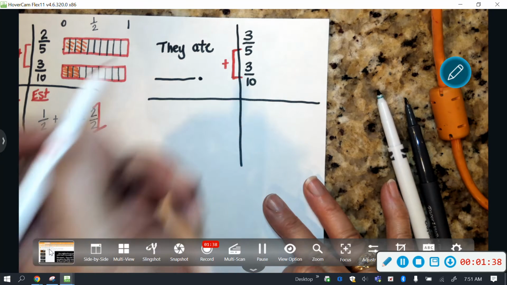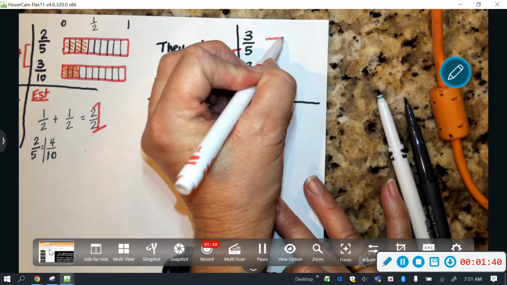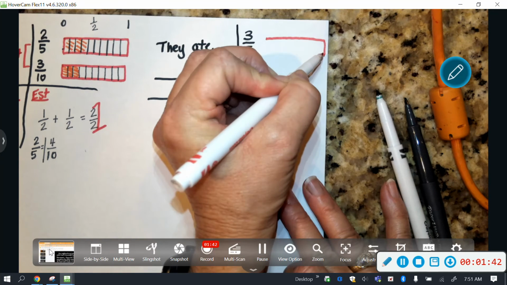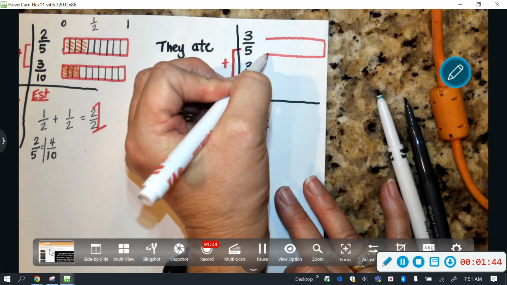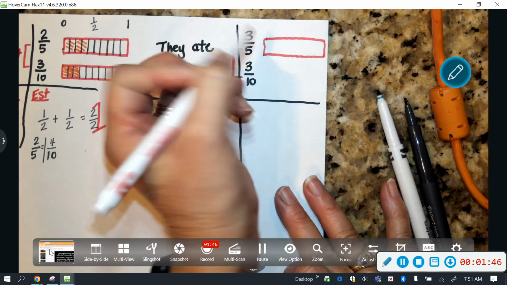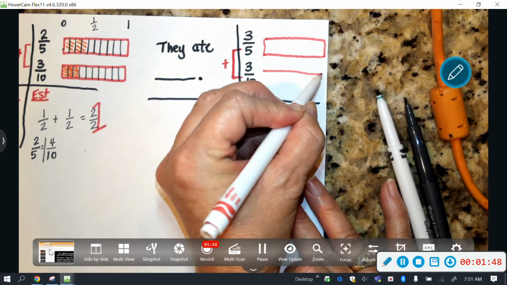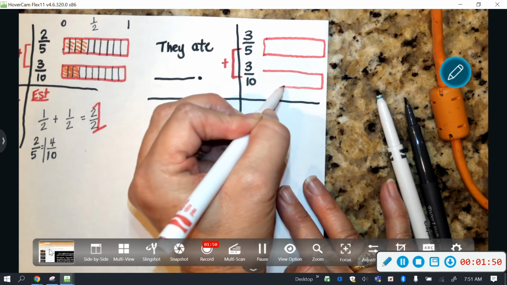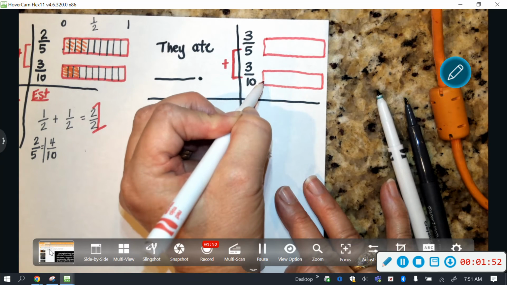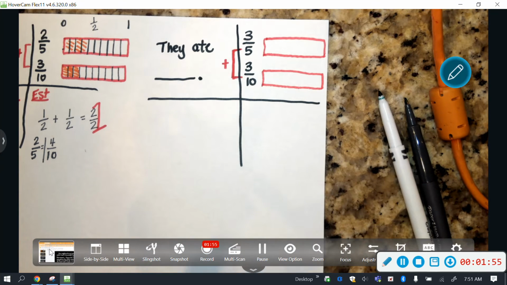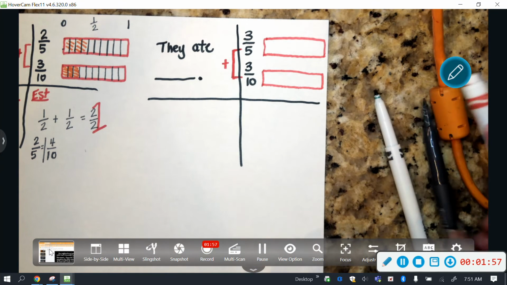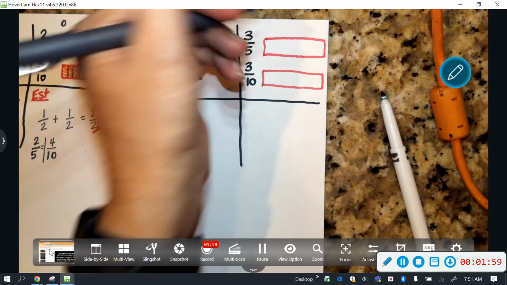Just like before, I'm going to draw two quick pictures, two quick rectangles, equal in size, so that when we're cutting these apart and we're comparing them and looking at them together, it's easy to read. The first picture I need to cut into 5 equal pieces because my denominator is 5.